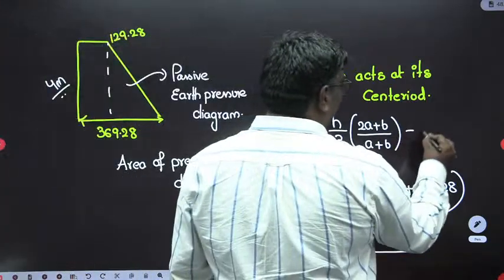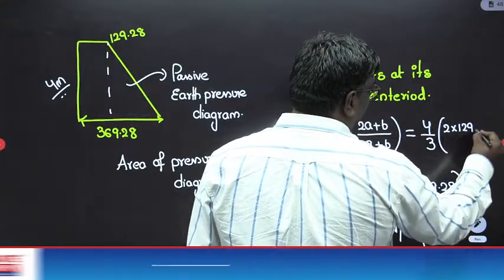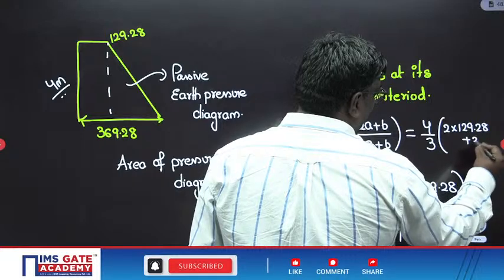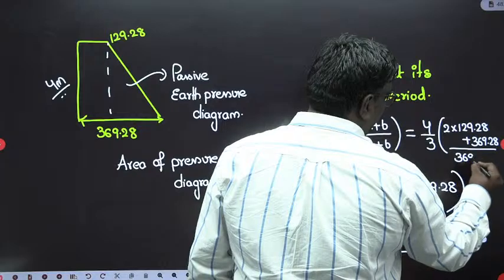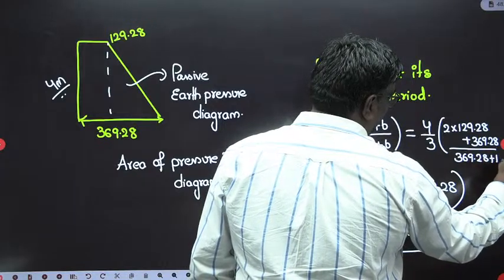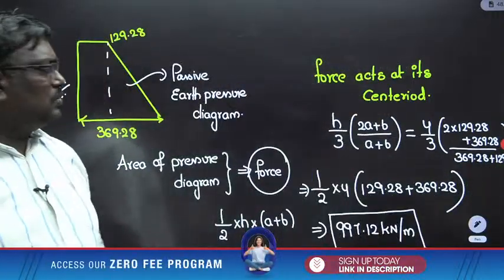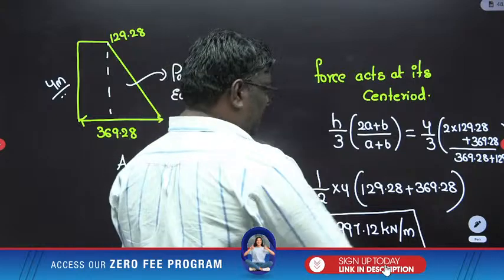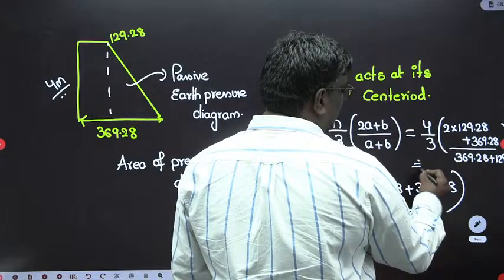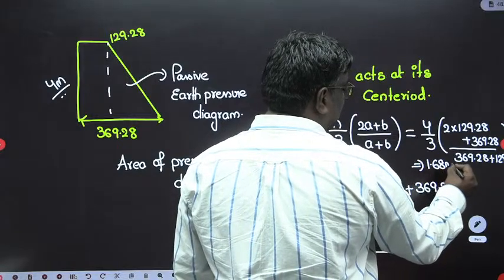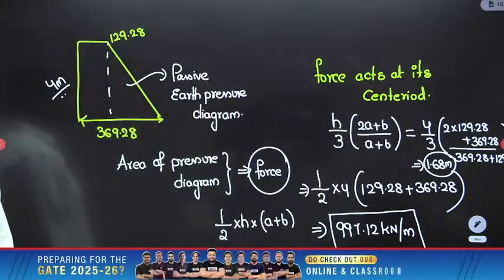So h is equal to 4 by 3 into (2 into 129.28 plus 369.28) divided by (369.28 plus 129.28). If you solve this, you will get a value of 1.68 meter roughly.